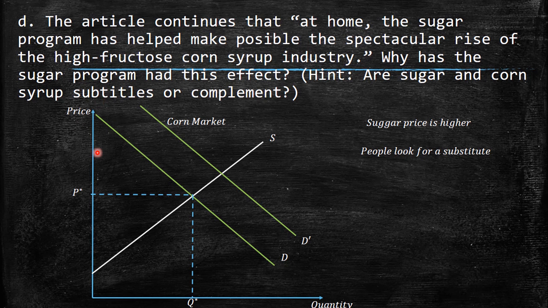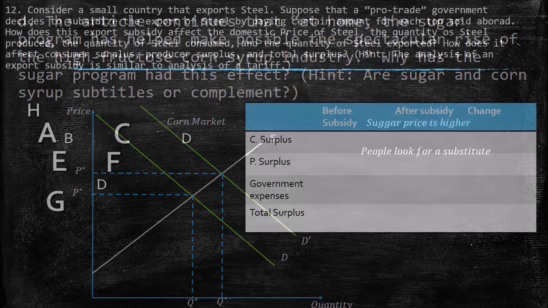So this is the shift of the demand curve to the right. As a consequence, you will see how the producers are better off because they will receive a higher price and a higher quantity in the market.